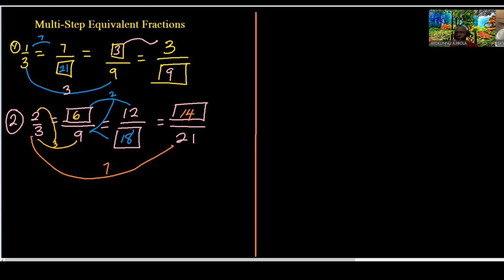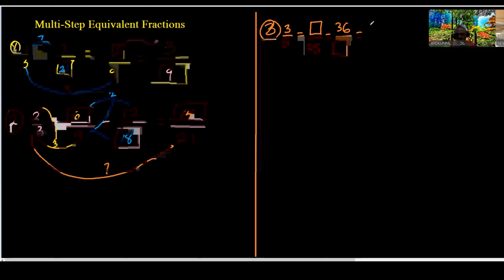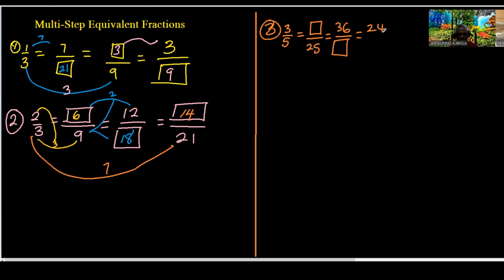So let's say we have the third one, number 3, as 3 over 5, 3 over 5 equal something over 25, then equal 36 over something, then equal 24, also over something.